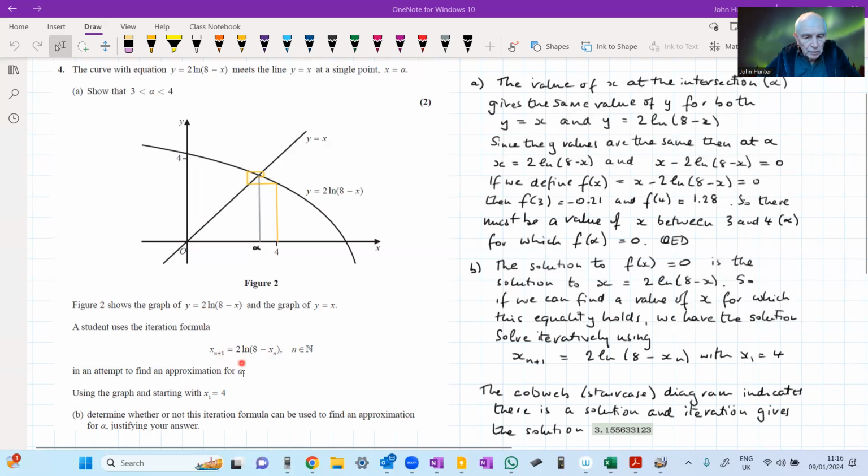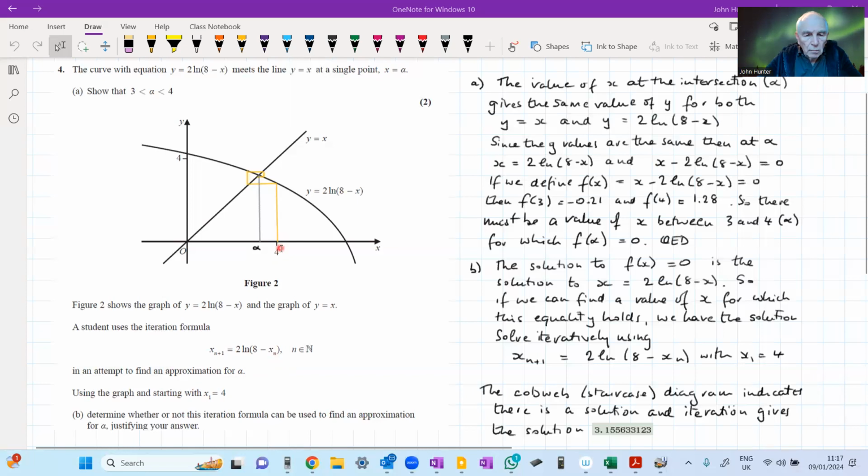In the iteration, we start off with a particular value. It's at the end of that scale at the moment, 4 it's suggesting. So we start off with 4, we poke that into there, and we evaluate it. Then we take that as our next attempt. Whatever value we worked out from 2 natural log of 8 minus 4, we use that as our next attempt.